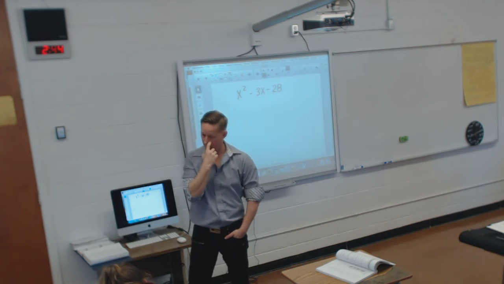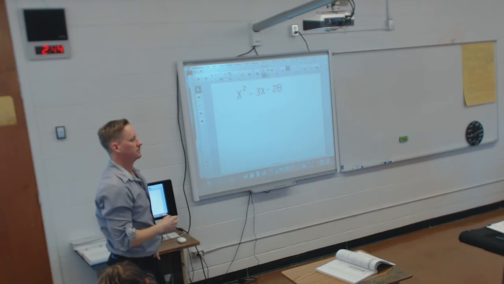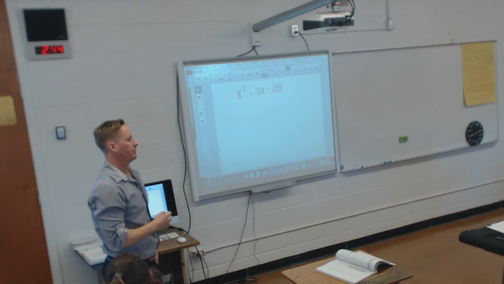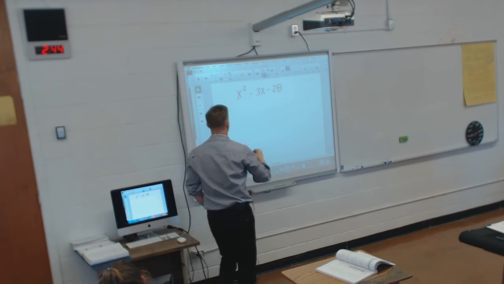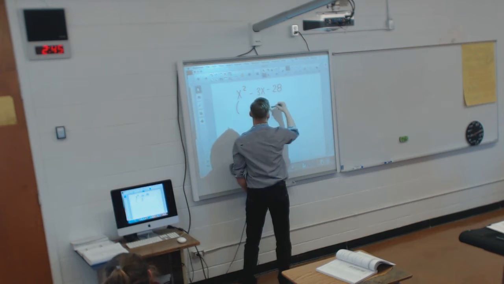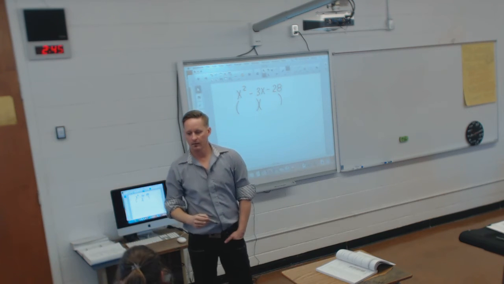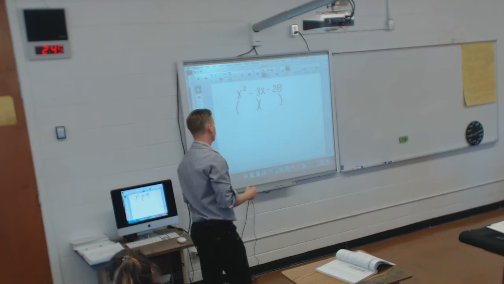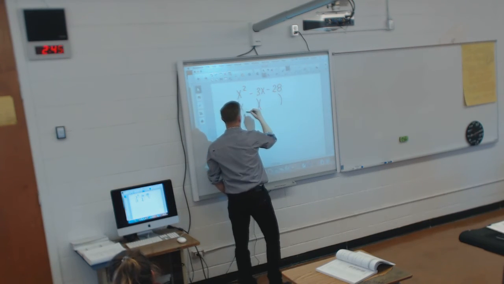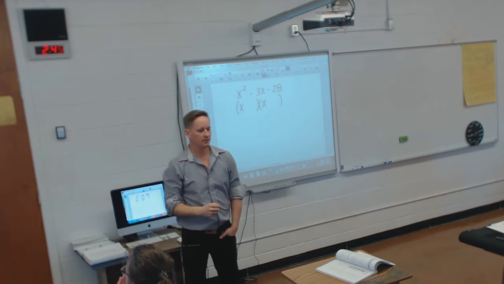Okay. What's the value in front of the x squared? 1. So because it's 1, I go 2 sets of brackets. What are the factors of x squared? Okay.